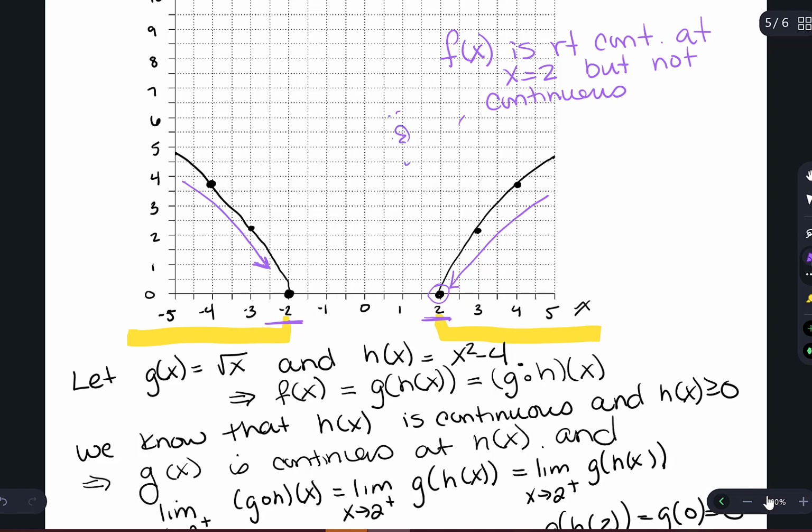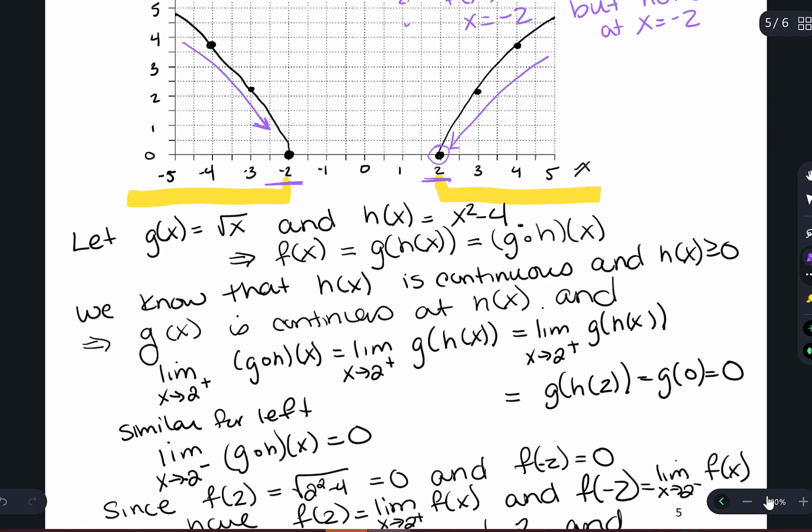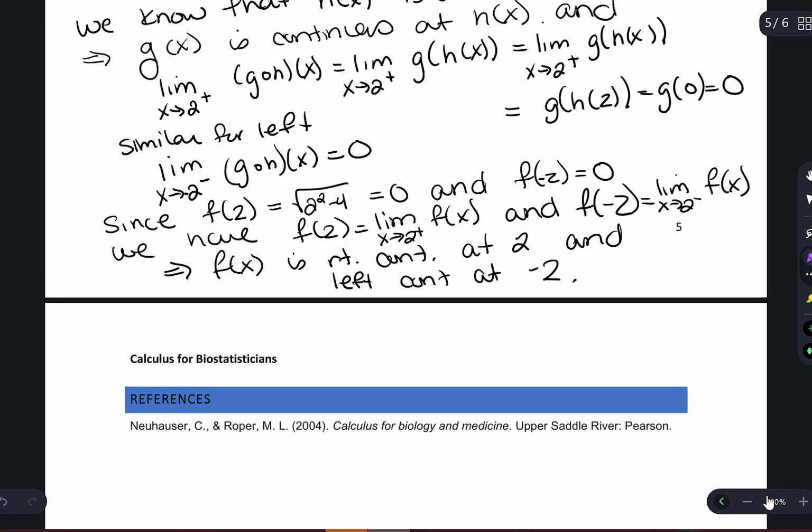And f of x is left continuous at x equal to -2, but not continuous. And I should say at x equal to -2, and up here that should be at x equal to 2. All right, so that's an example of right and left continuous.